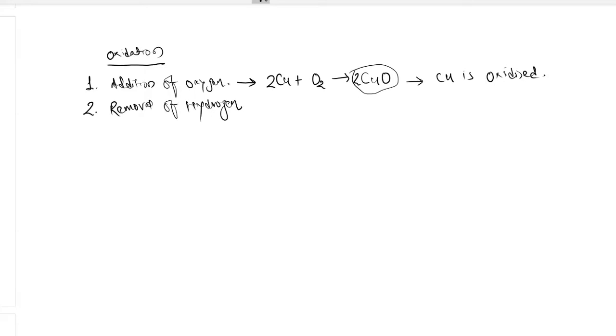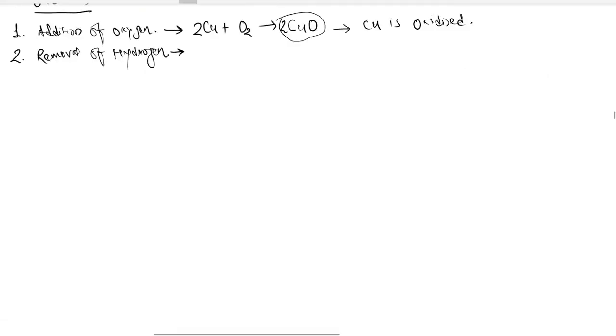Removal of hydrogen. Let's take an example. H2S plus O2, hydrogen sulfide gas plus oxygen, gives H2O plus S. Now this is not a balanced equation.